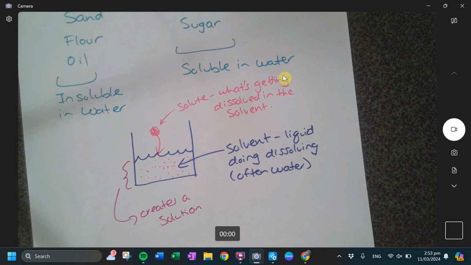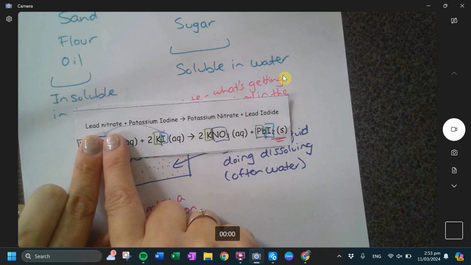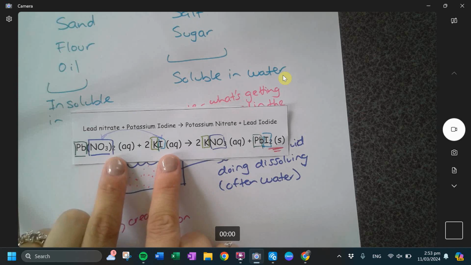Cool. Now, it's important terminology to refresh, because when we're talking about precipitation reactions, we are talking about something that is formed that is insoluble. So let's look at those reactions that we had before. Those are displacements. In this example, we had lead nitrate and potassium iodide. Both of those ionic solutions are soluble.